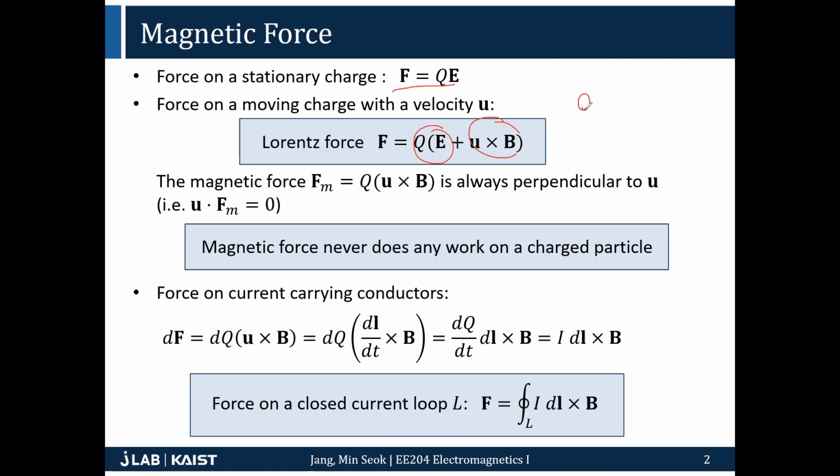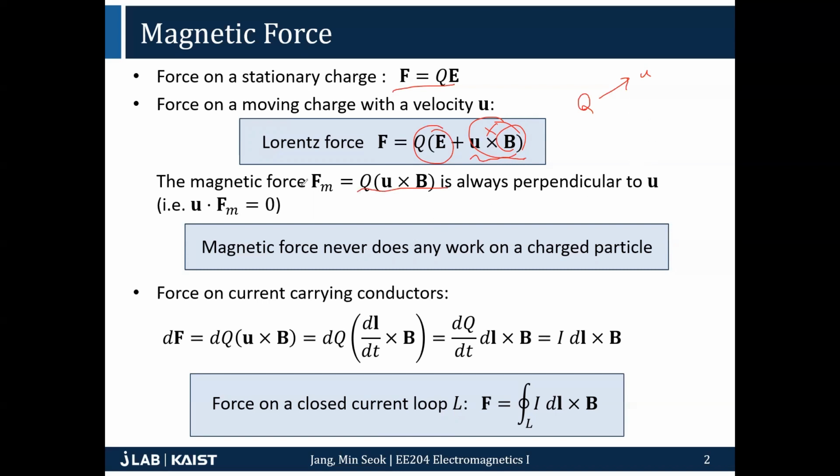When charge Q is moving with velocity u, then it feels a force when there is a magnetic field, and you can obtain the force amount and direction by taking the outer product or cross product of u and B, right? And the second term is called the magnetic force, okay?